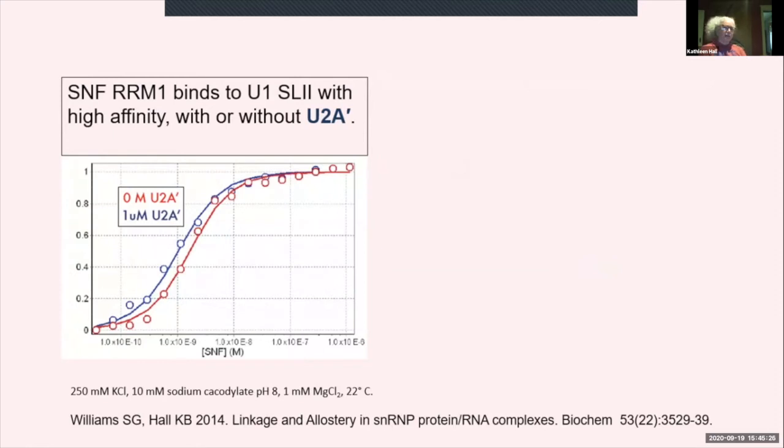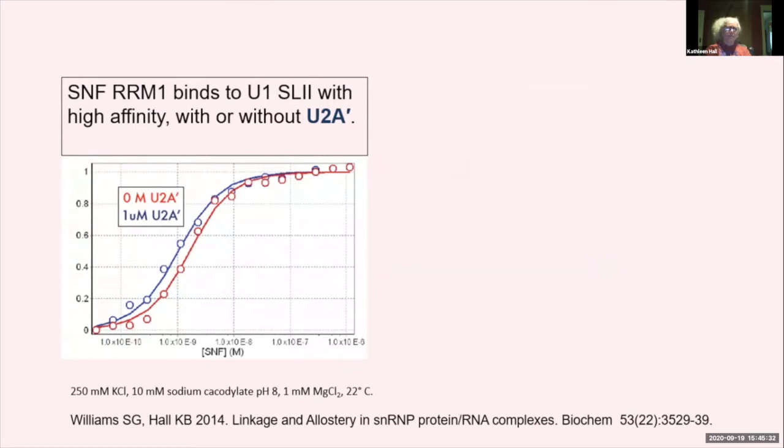So this is the binding assay again of RRM1 binding to RNA, and this is stem loop 2. And now what we've done is add in the U2A prime protein. And you can see that there's basically no difference between having none and having 1 micromolar of auxiliary protein.